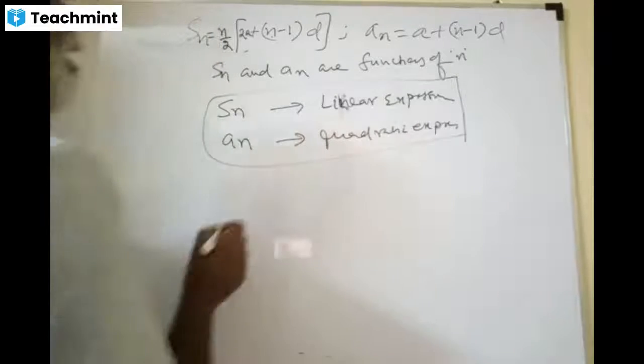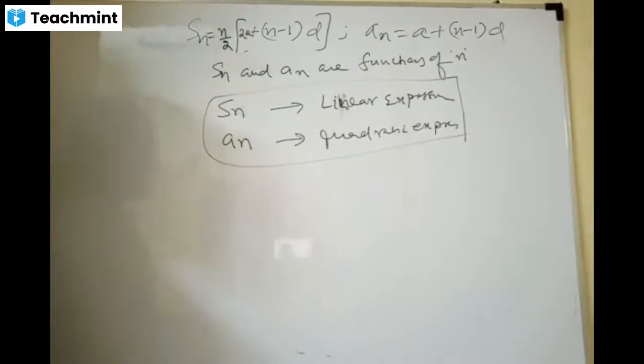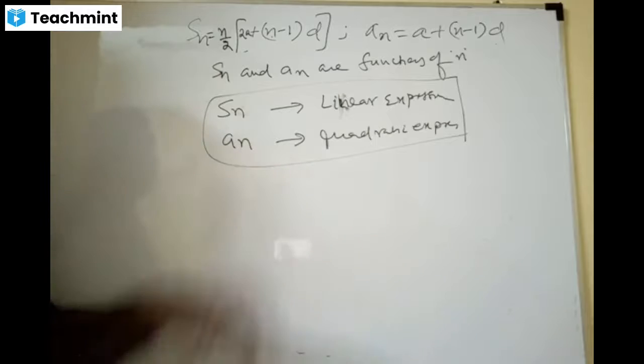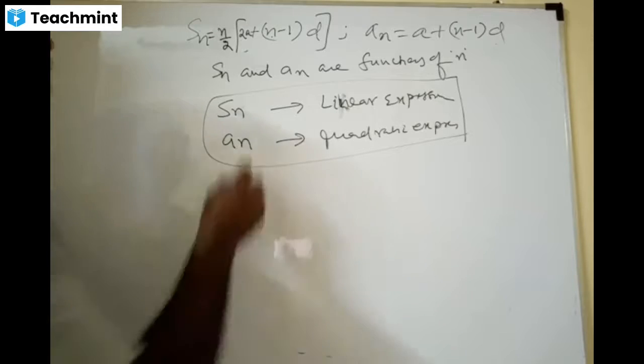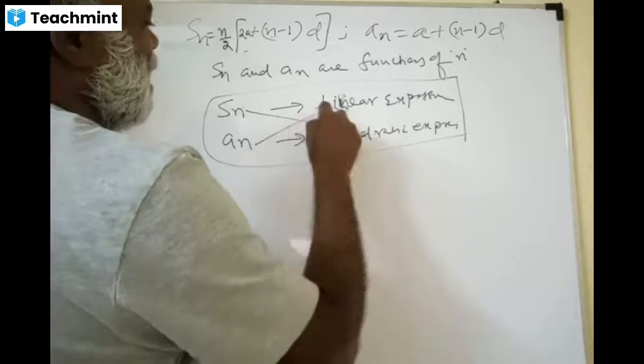Which is the linear expression, and which is the quadratic expression? Sir, An is linear and Sn is quadratic. Brilliant. Sn is quadratic and An is linear.